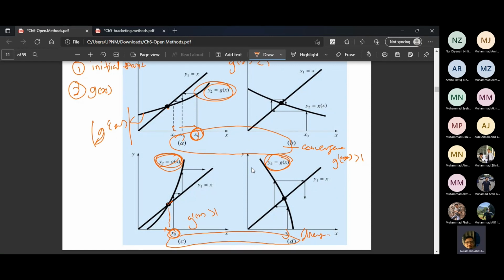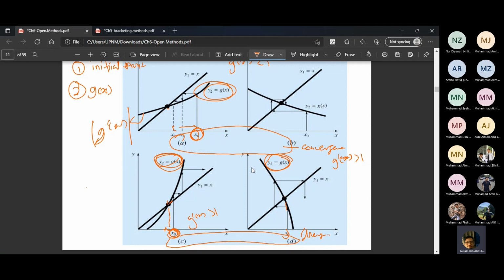In C, our g prime x is greater than 1, so even though x naught is near the root, it will go away from the root. Same with D. Even though our x naught is near the root, because we chose the wrong g(x), it will diverge, going further from the root.